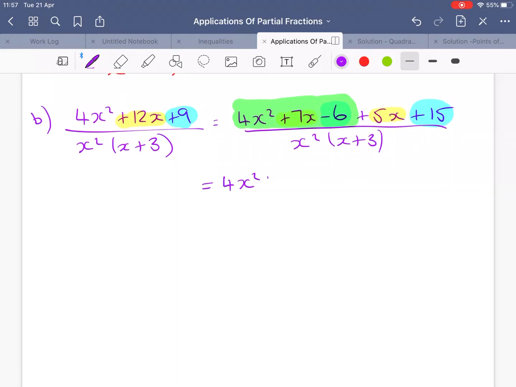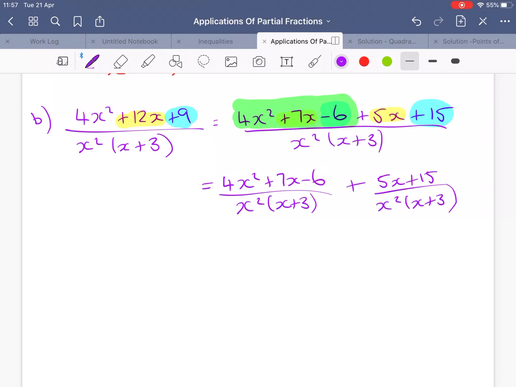I've got my 4x squared plus 7x minus 6 all over my x squared times x plus 3, and that is the same as, and then I'm going to add my 5x plus 15 over my x squared times x plus 3. And this should always happen if you get a question like this. What you should notice is the fact that 5x plus 15 is the same as 5 times x plus 3, and what you find is that one of the brackets will then cancel.